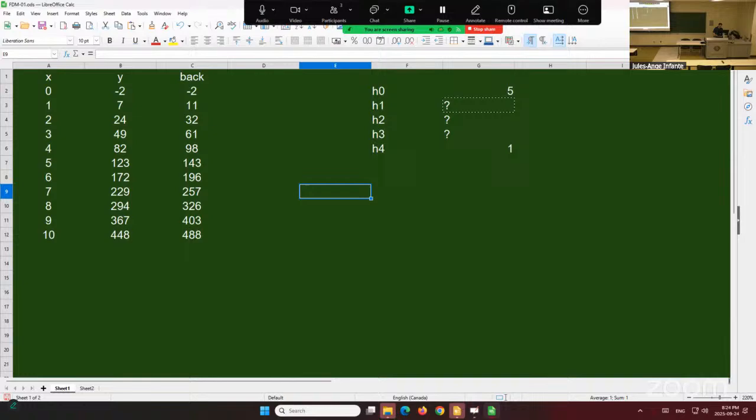Well, I know that H0 is equal to 5. But I also know that minus 0.5 times H0 plus H1 minus 0.5 times H2 equals 0, right? Because this is my steady state condition.